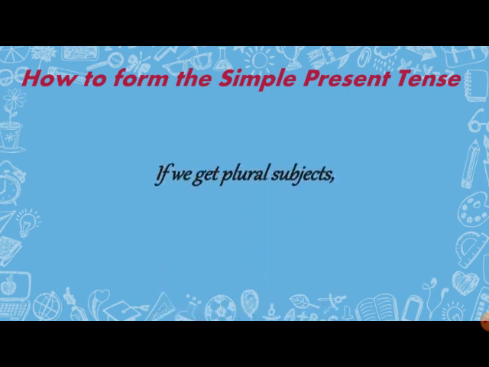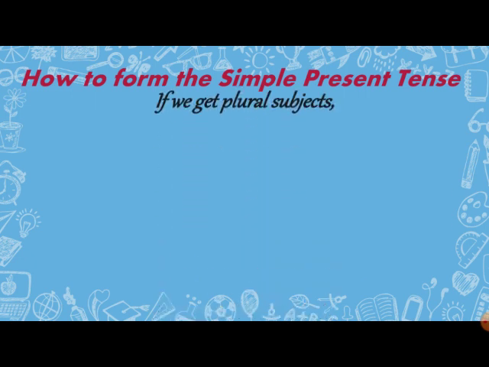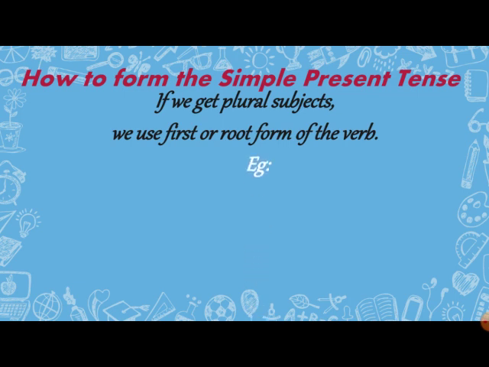Let's revise. If we get plural subjects, we use the first or root form of the verb. For example, I do, we write, girls sing, children play. We, girls, children are in a plural form, so we use the root form of the verb.